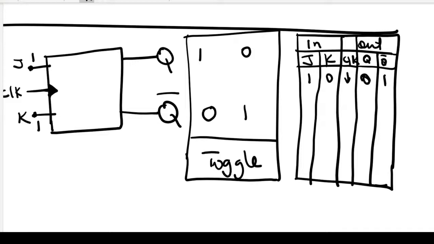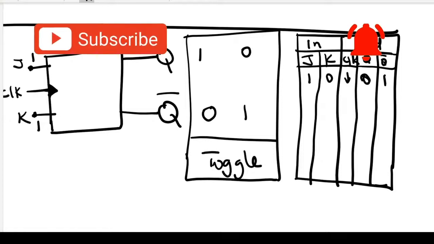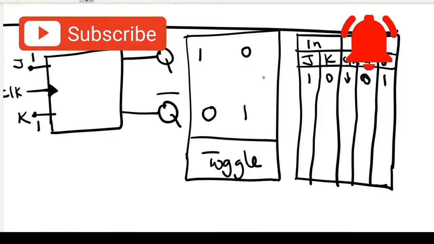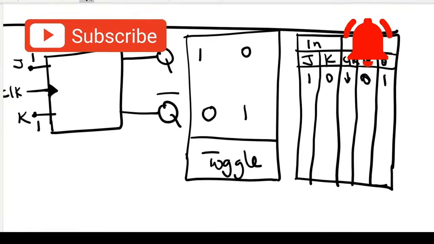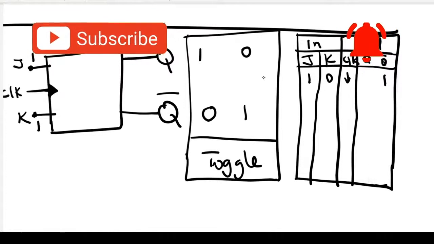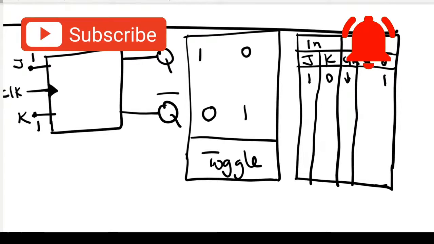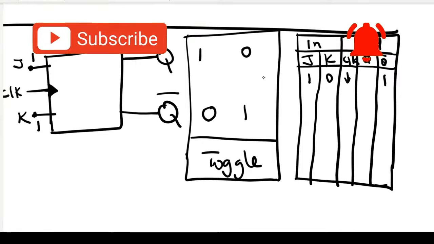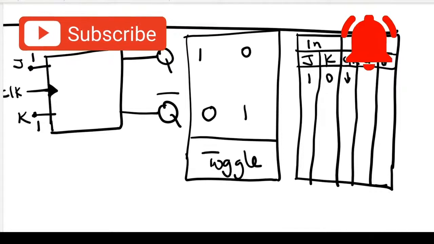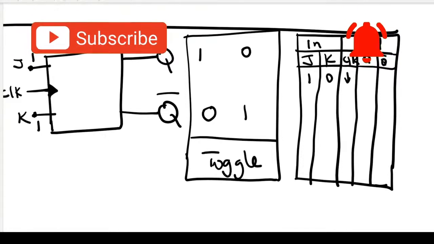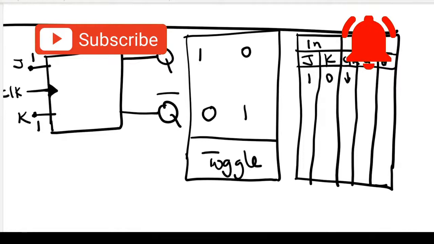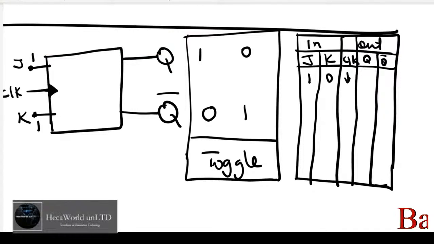What I'm trying to achieve here is to keep my Q as 1 all the time.